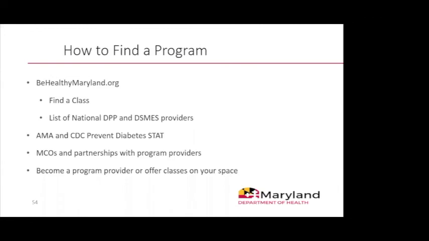So healthcare providers can refer patients through this online portal via secure email or secure fax. And program providers are also listed in the contact section to be contacted directly. Not every provider has a class going on at a time when somebody might look at behealthymaryland.org, but you can always find a program provider in your area that you can contact.